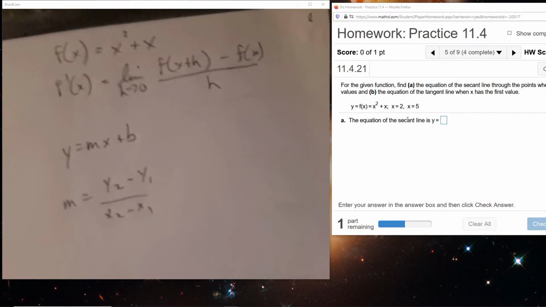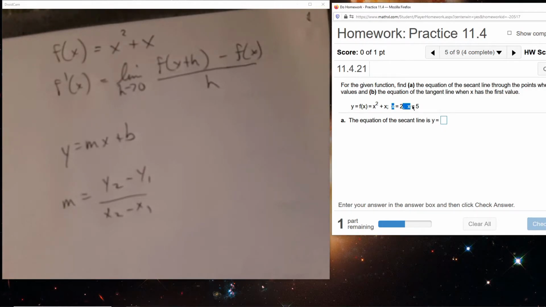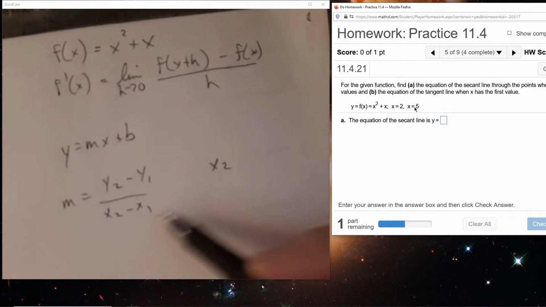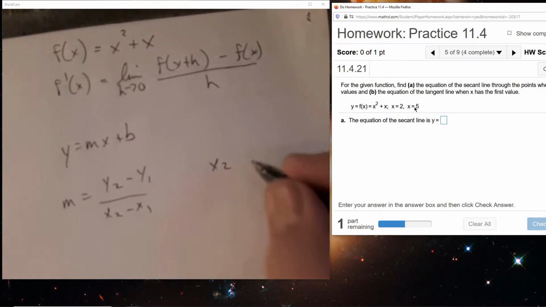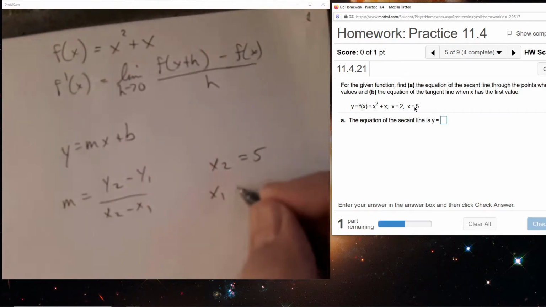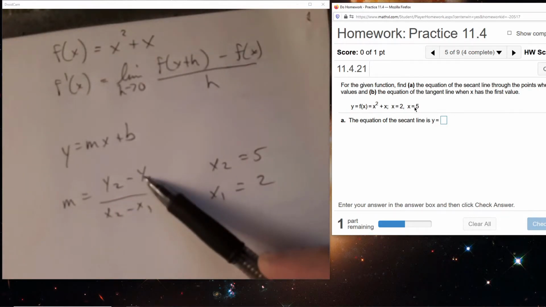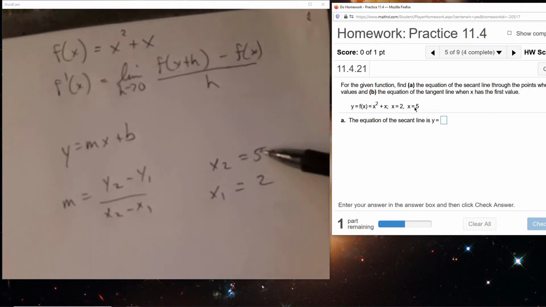So let's look at what we have here. If we go back to the MyMathLab screen, it's telling us x equals 2 and x equals 5. So x2 is the larger number, which is 5, and x1 is the smaller number, which is 2. And now to get what y2 and y1 equal, we have to plug these into the function.